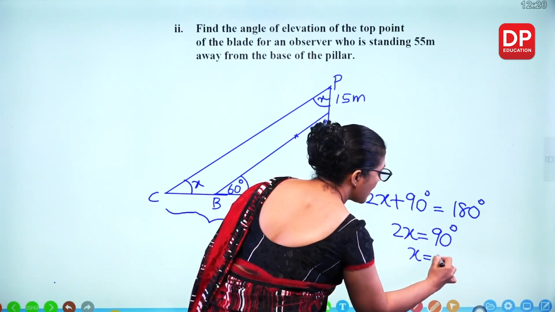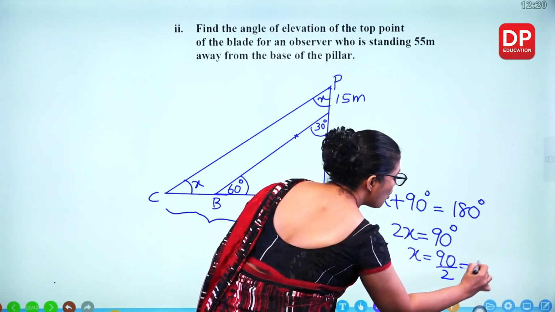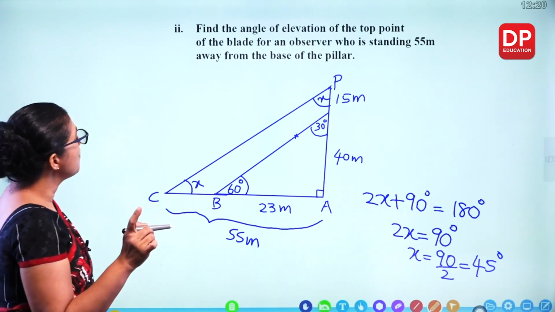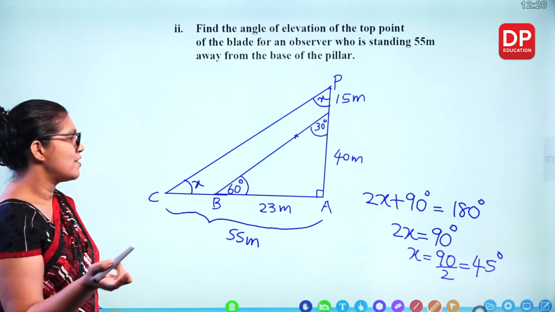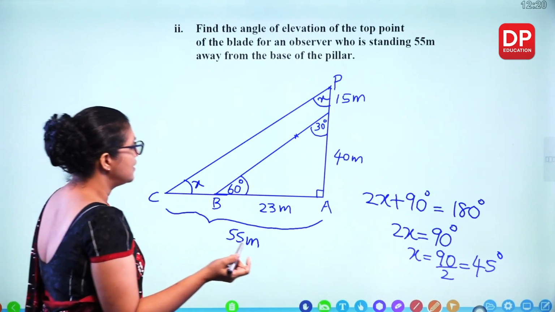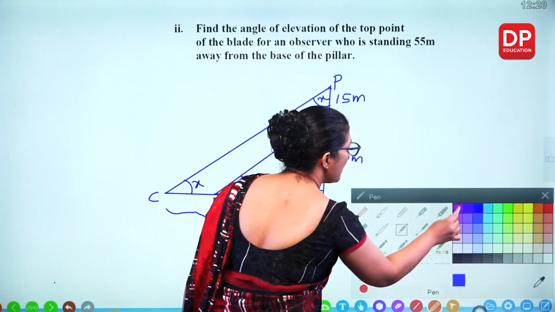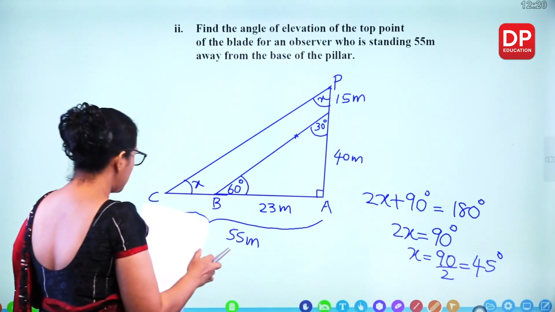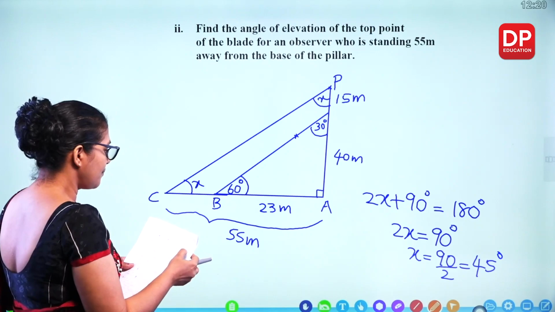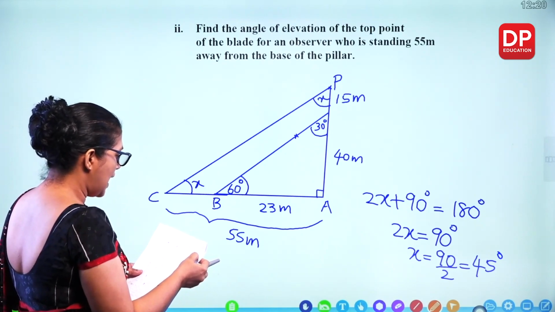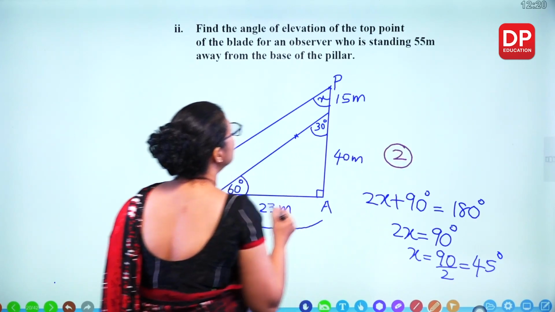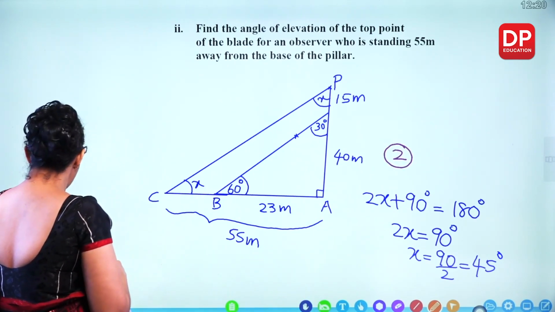X becomes 90 divided by 2, 45. So, what's the angle of elevation? That's 45 degrees because this is an isosceles triangle. So, how many marks you get for this part? You get 2 marks for that. Let's take the next one.